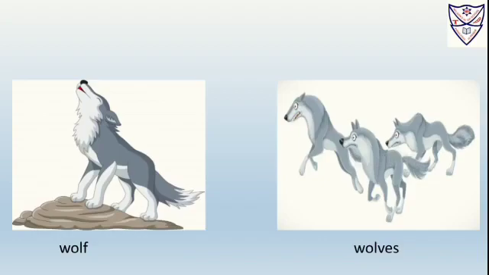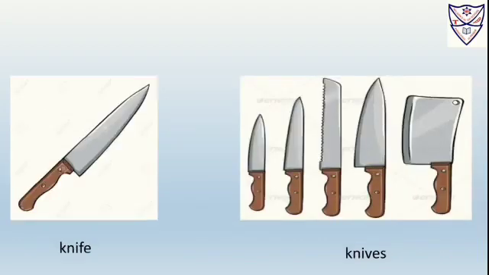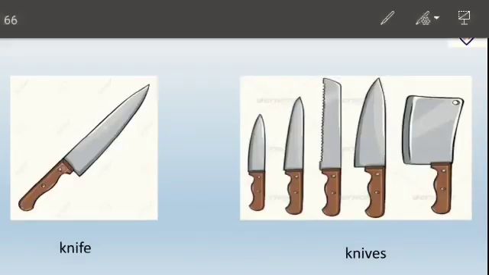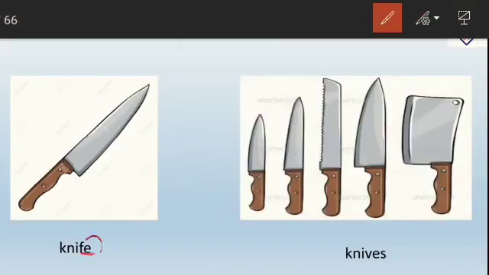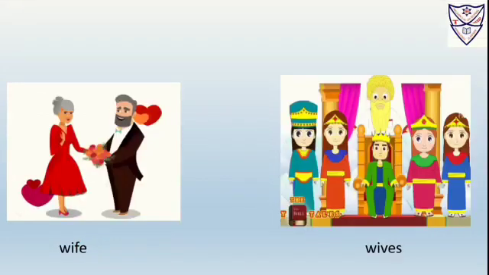Wolf, wolves. Knife, knives. Now here I have FE. So for FE also, to make it plural, instead of FE I will write VES. So knife, knives. Wife, wives.